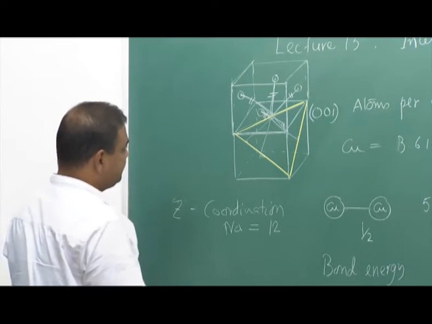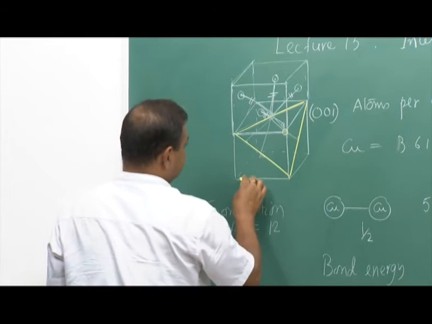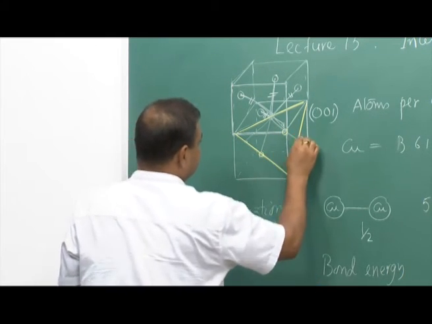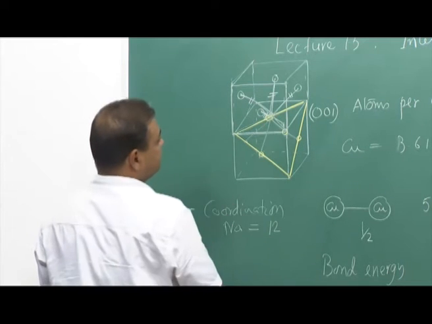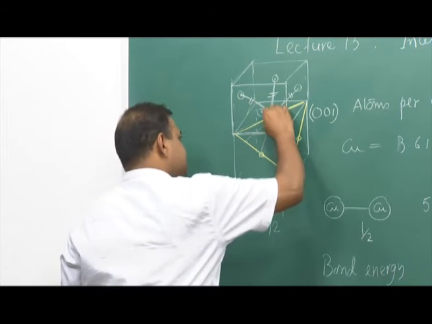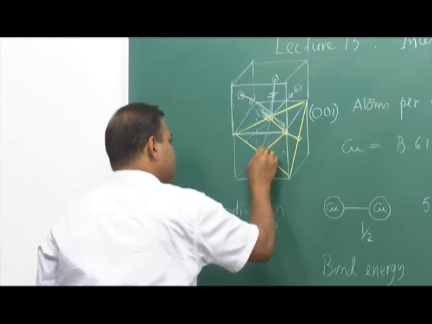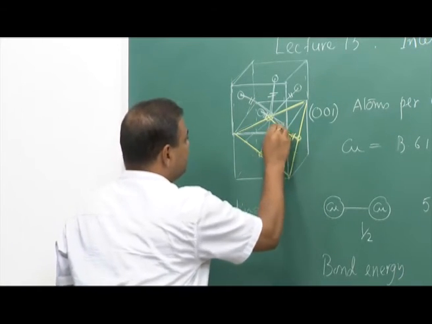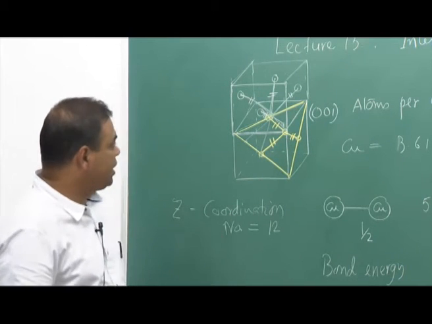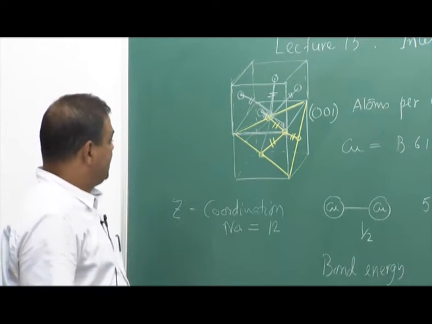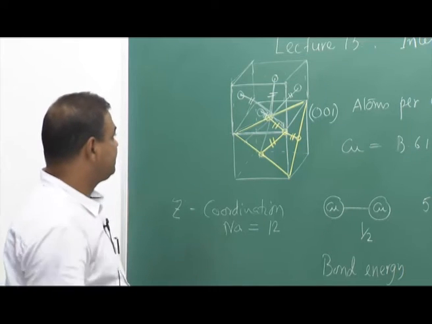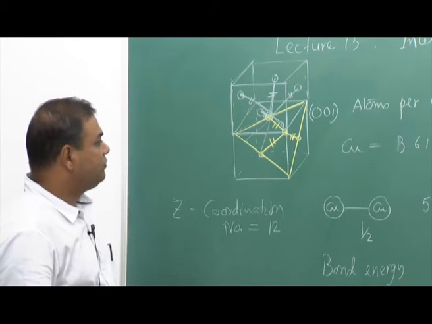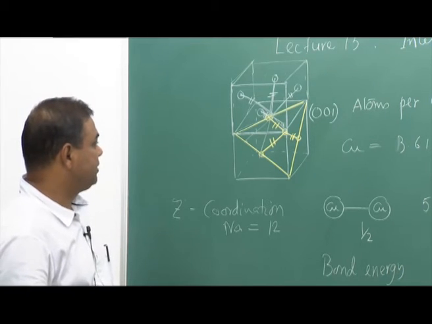So, you will see that these atoms would join together. If this is a surface, so this is surface, this is surface. So, 3 bonds will be broken per atom. This bond will be broken, this bond will be broken, this bond. So, 3 out of 12 bonds will be broken, and then you just follow this particular process, you can get to the value of surface energy for this particular plane.